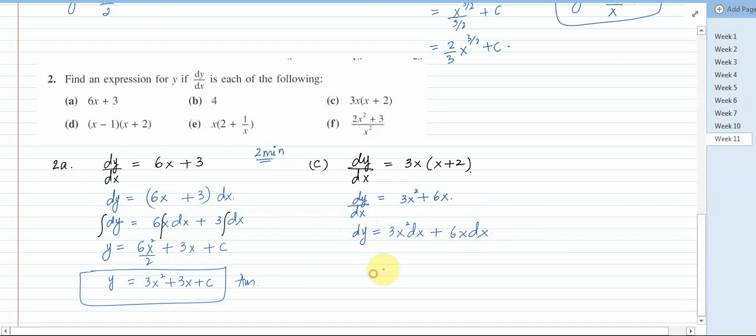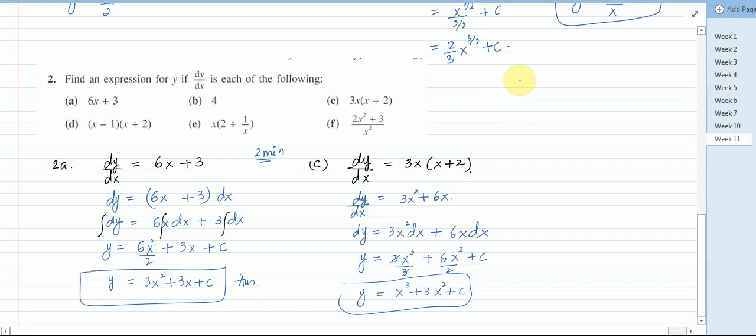And after that we can say y equals 3 times the integral of x square, which is x cube divided by 3, plus the integral of 6x, which gives 3x square, then plus c. Lastly, the 3 and 3 cancel, so x cube plus 3x square plus c equals y, and that is your answer.